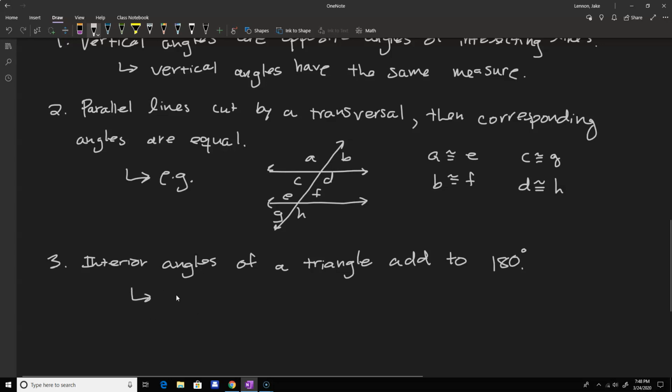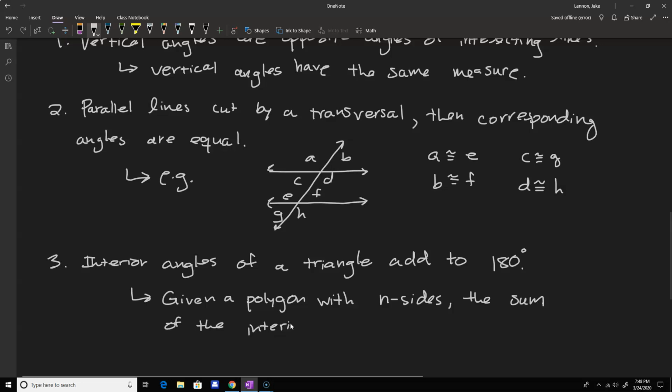We could also say, given a polygon with n sides, the sum of the interior angles turns out to be n minus 2 times 180 degrees.